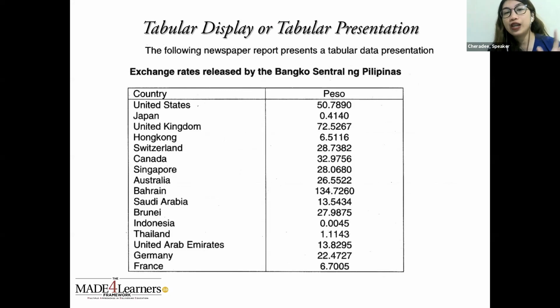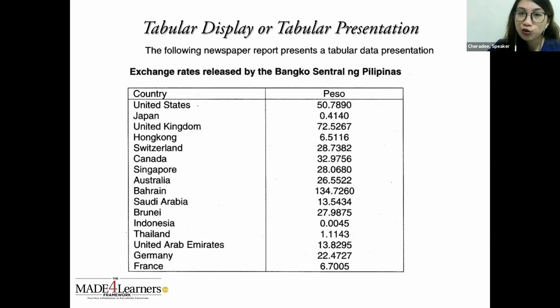So you have to use tabular now if you are to organize one data with its corresponding count or number. Example here, this is exchange rates. So for US, it's 50.7890. So you can automatically determine that the US dollar is 50.7890.